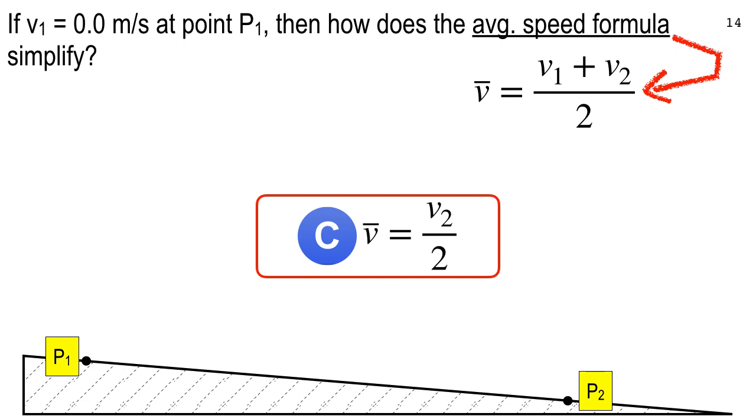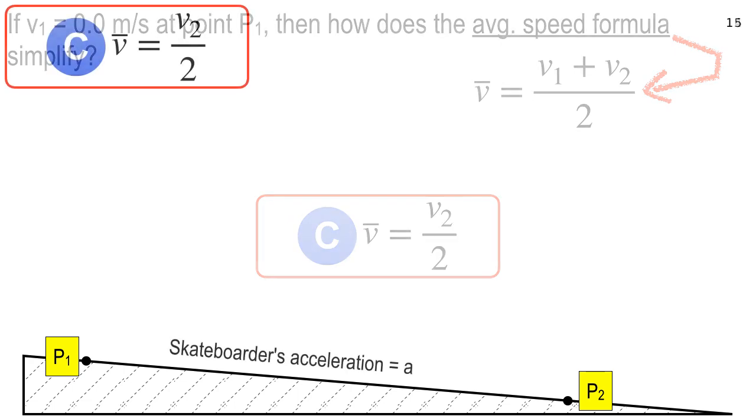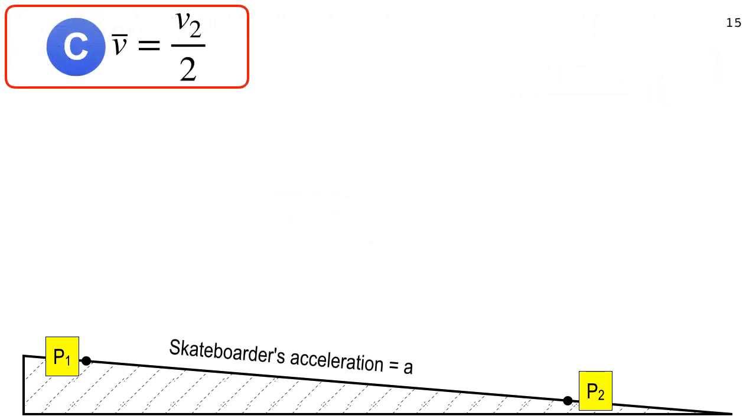But whatever it is, the average is the final speed divided by 2. All right. Now we're going to use that in the next few slides to talk about the distance traveled while accelerating.